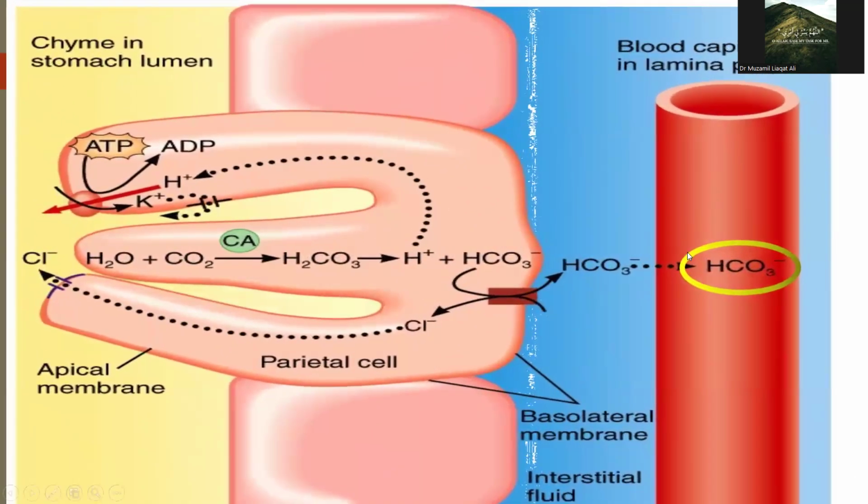This is the illustration of the mechanism of HCl secretion. As you can see in this illustration, carbon dioxide diffuses into the cell, and it reacts with water by the action of carbonic anhydrase, CA. It splits into hydrogen and bicarbonate ions.